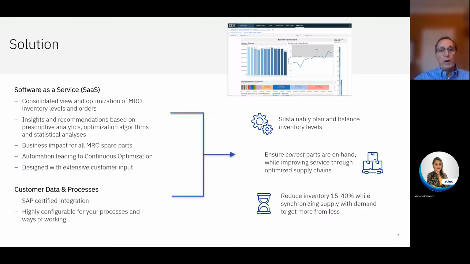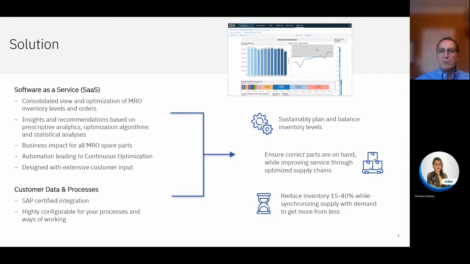So let's take a quick look at the solution itself. Well, it is a SaaS solution. It provides you with a consolidated view of your inventory levels across one plant, multiple plants, or your entire enterprise. We do an impact code of your criticality, which we'll talk about here in a few minutes. But business impact or criticality is really very important to utilizing the solution and understanding how those recommendations are generated.